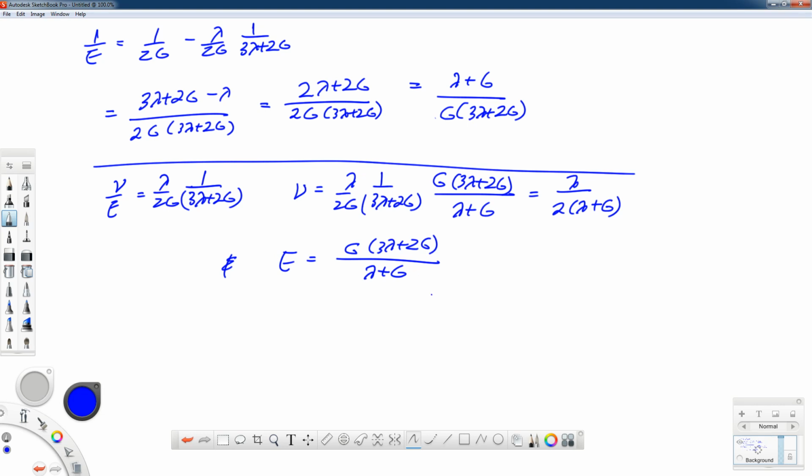So here we have familiar elastic constants in terms of Lamé coefficients. And this is for an isotropic material.